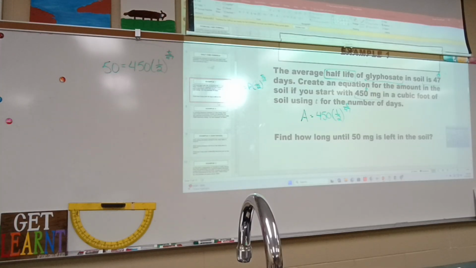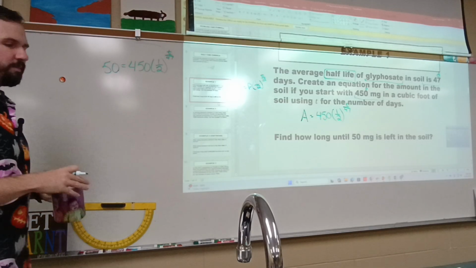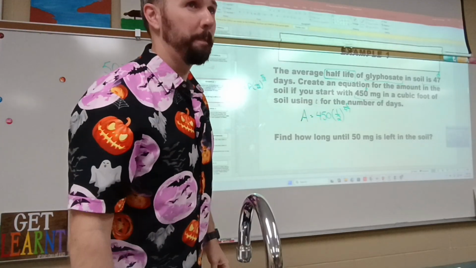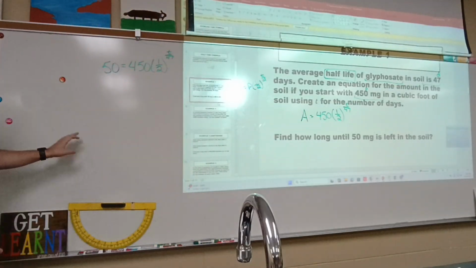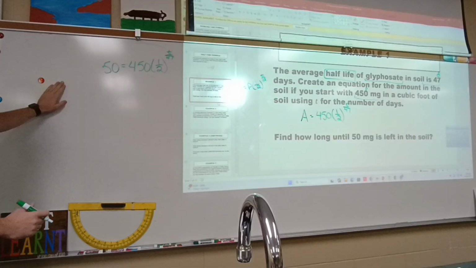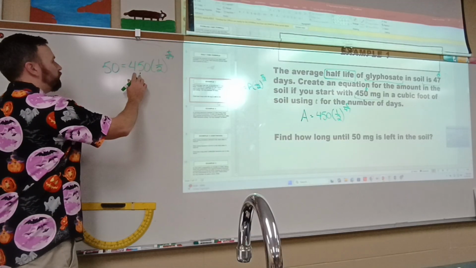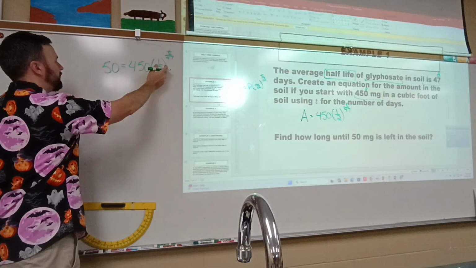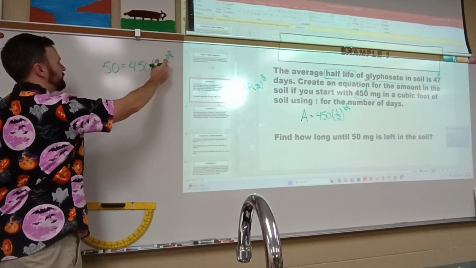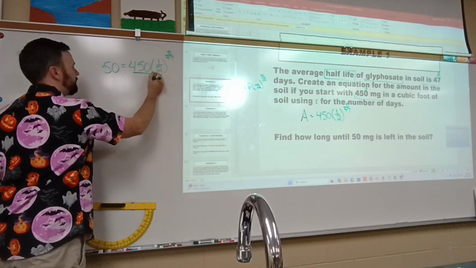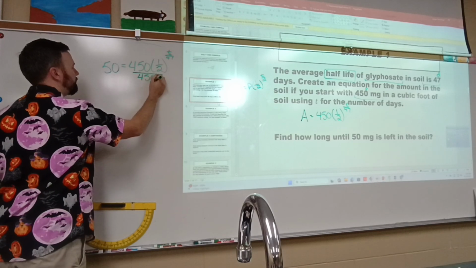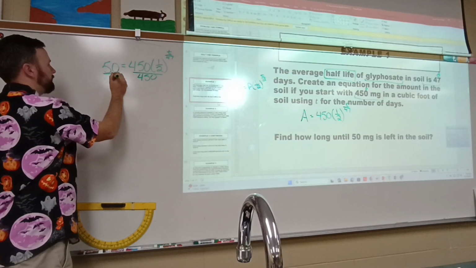Now, I'm going to show you how to solve this with logs. Someday, if you take an AP pre-calc or another pre-calc, I would show you how to do this with graphing as well. What do I need to do first? You need to ISO the exponent, right? So we're going to divide by 450.